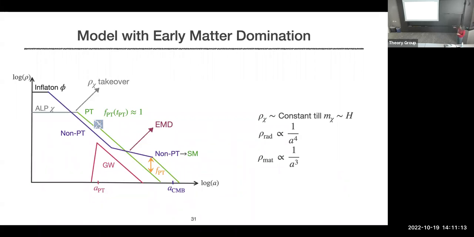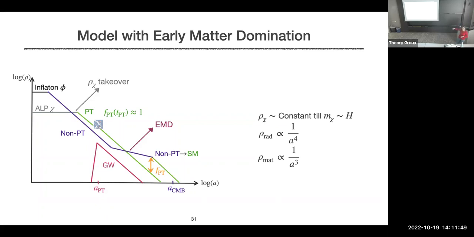Okay, so just to finish the story, afterwards we want it to decay into the standard model because that's what we see. So it will decay later. If you have a particle with a mass of, I think I calculated it, around 10 to the power 7 TeV, then even a Planck-suppressed coupling to the standard model will give you the correct decay and the correct amount of matter domination, etc. So it reheats at the right temperature.